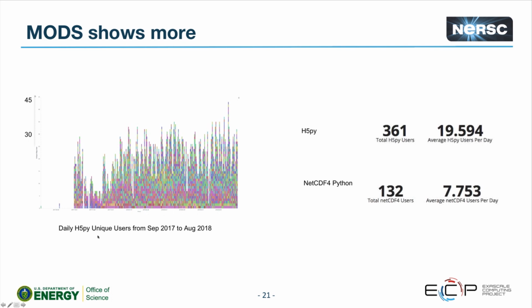If we count the total h5py users, we saw the users increasing from just 10 to 80, and nowadays it's 360. So a lot of users like to use those productive interfaces. And similarly for NetCDF Python, there are hundreds of users nowadays.